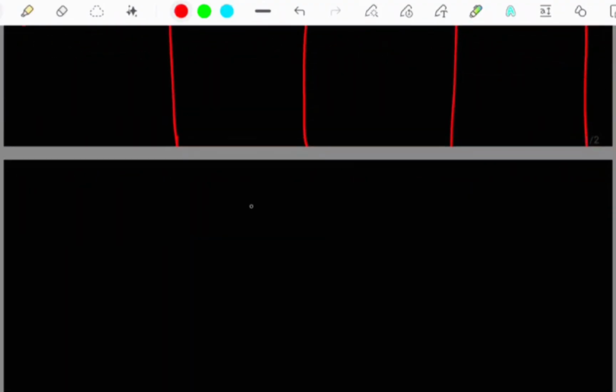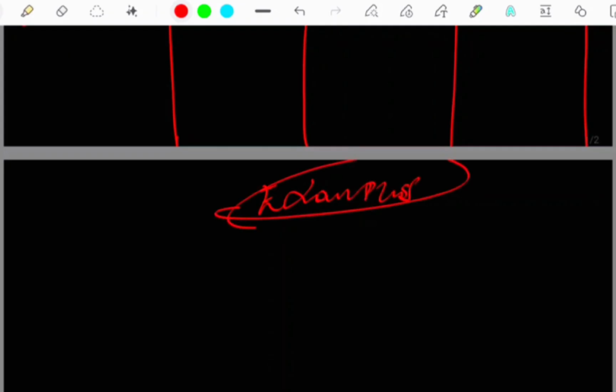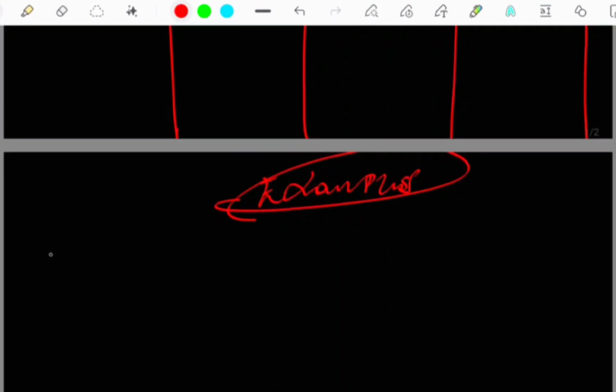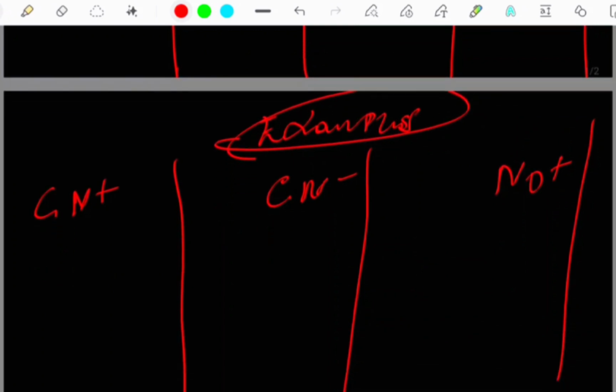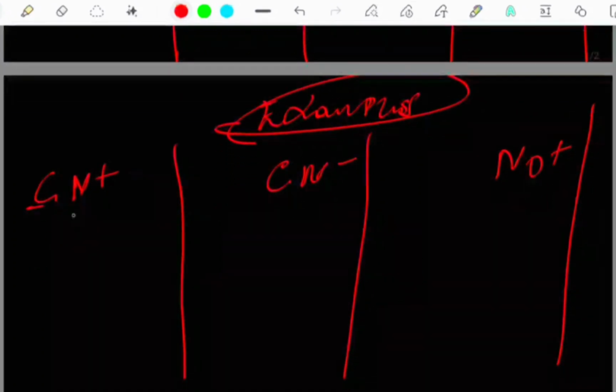Now we are going to see how to find the bond order of ions. Let's see this and this. To find the bond order of ions, first, carbon is how much? 6.